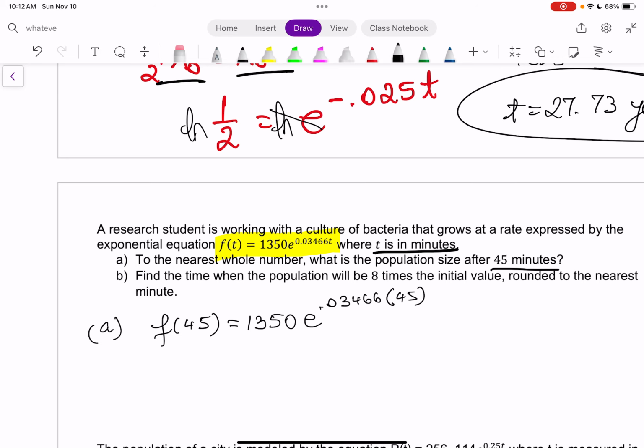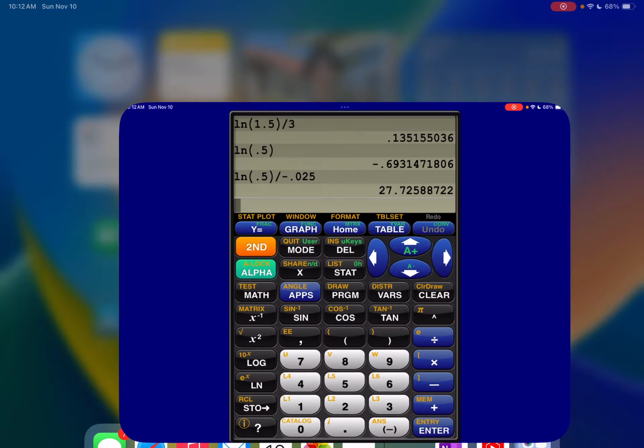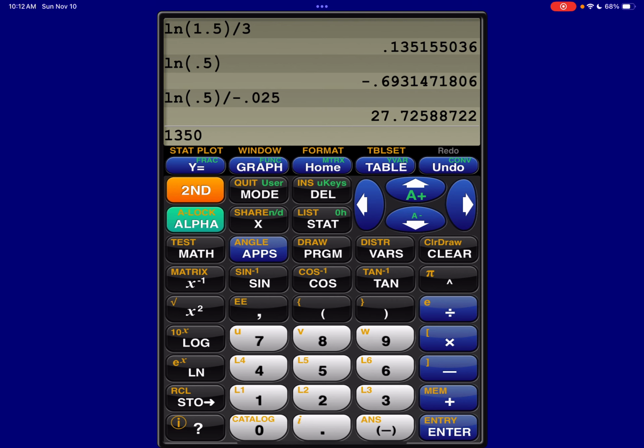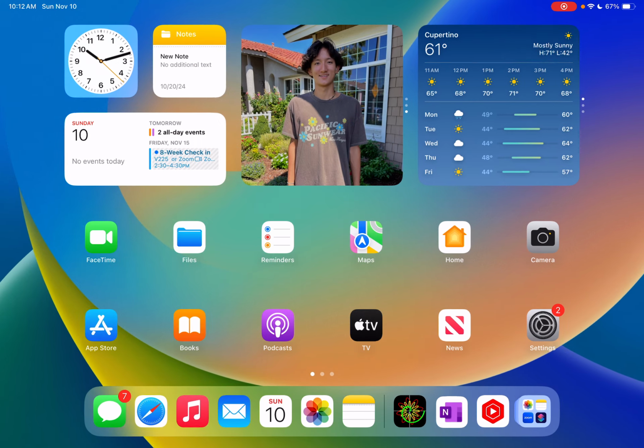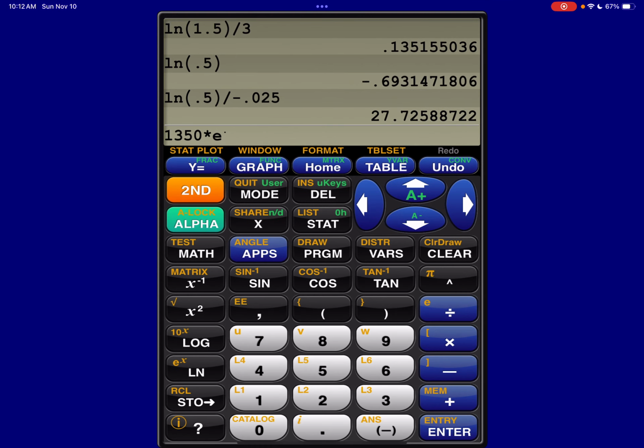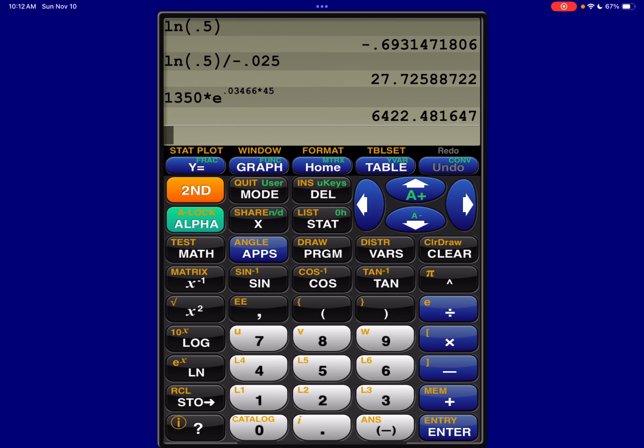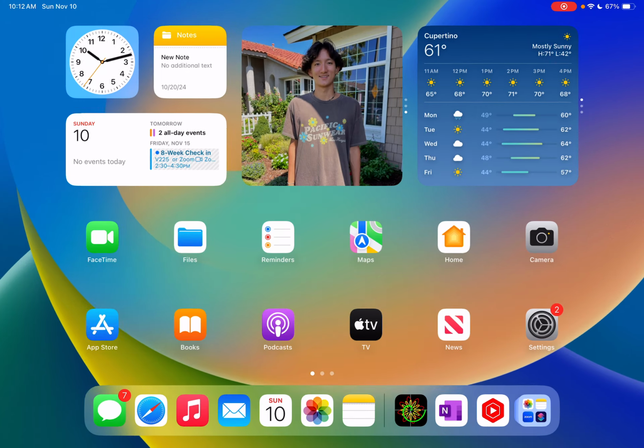But all we have to do is put this number in the calculator, 1350 times e to the power of 0.03466, but we multiply this by the 45 minutes and press enter, and there you go, 6422.5.